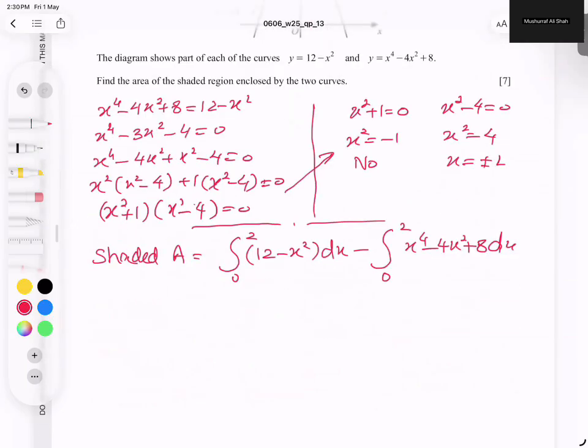Okay students, now we can do it easily. Whenever the same limits are there, we can combine them.